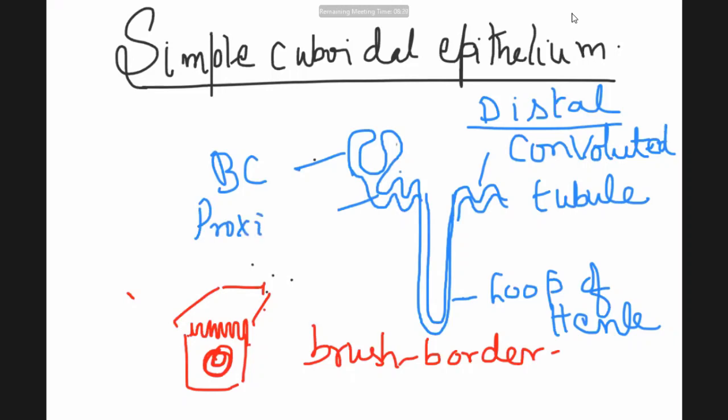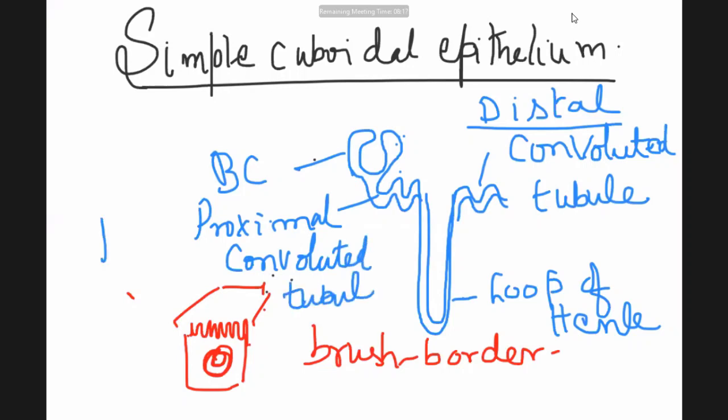So this part is nearer to Bowman's capsule. Shortcut PCT, here DCT. In this PCT, you find this brush border.